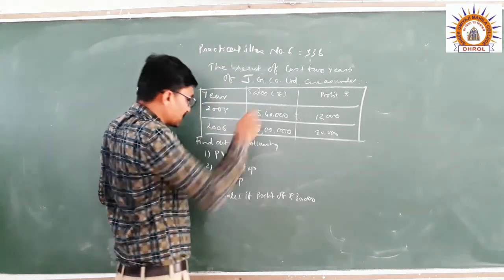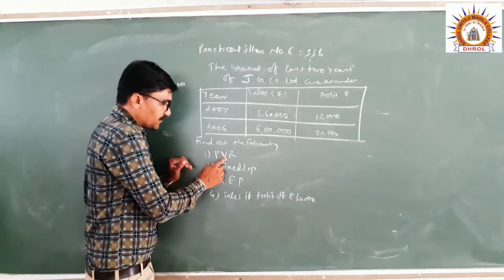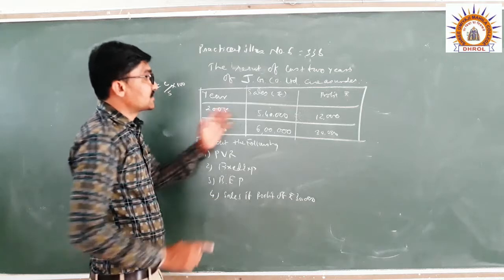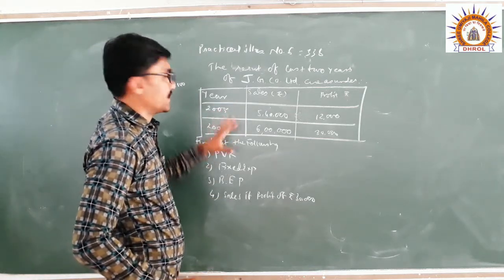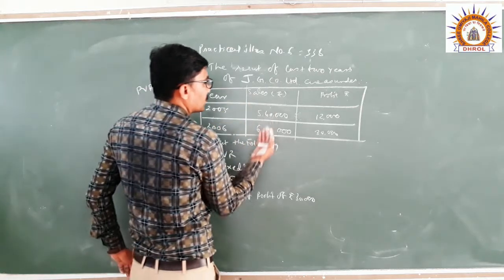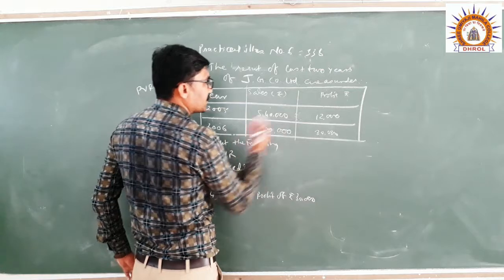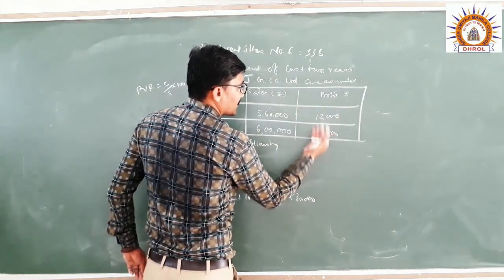Suppose these may be asked in the exam also. So first of all, find out PVR. You can see there is 2 years data, 2005 and 2006. The amount of sales of both years is given, and the result means the profit.